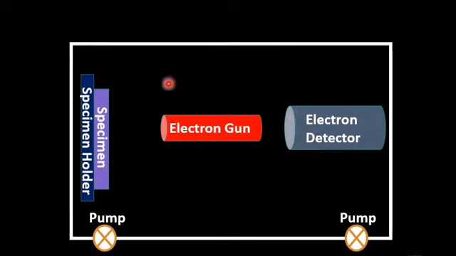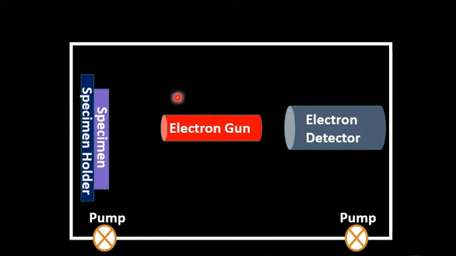In simple words, the Auger electron spectroscope consists of a highly evacuated chamber, and the vacuum is in the range of 10 to the power minus 9 torr. The chamber has a specimen holder, and the specimen or sample is placed on the specimen holder.